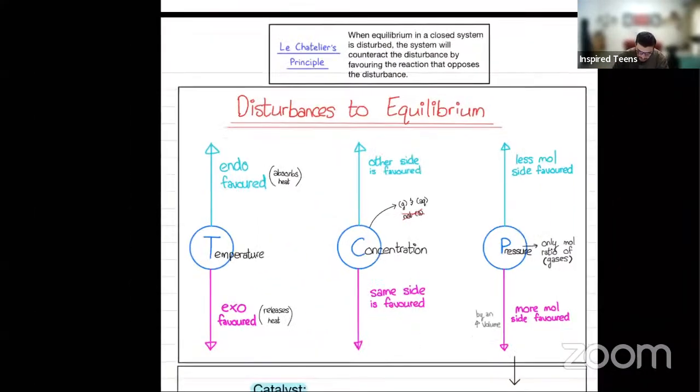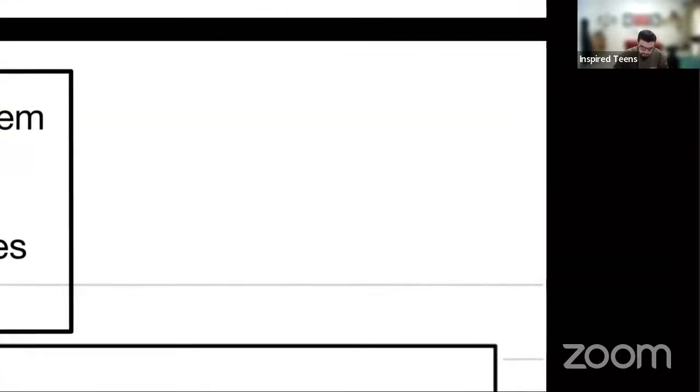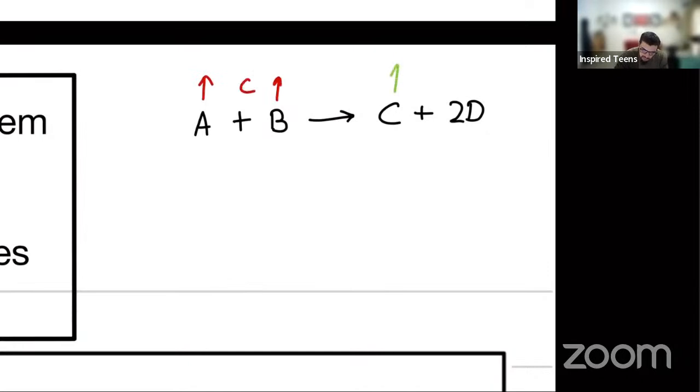Okay, so when it comes to concentration, it says here, when there is an increase in concentration, the other side is favored. Now, what does that mean? We're going to explain it here quickly. Let's draw up a reaction. We have A plus B gives us C plus 2D. Now, when we increase concentration, we can either increase the concentration of a reactant, or we can increase the concentration of a product.